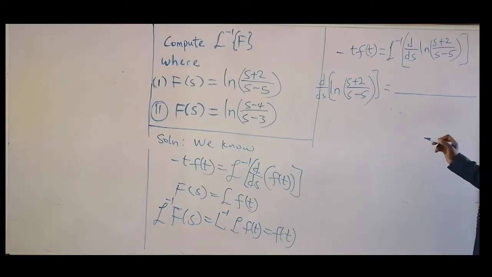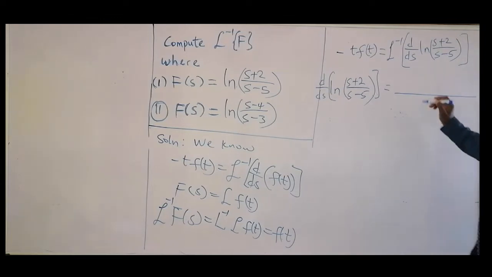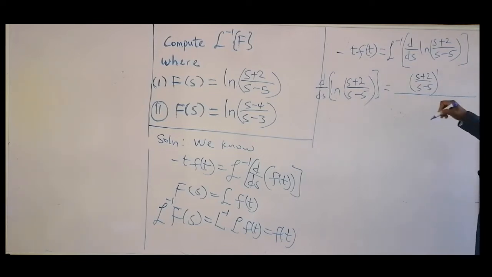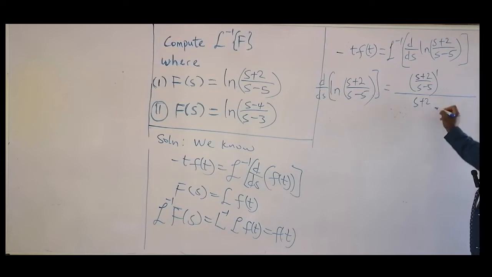For the ln function, when you are differentiating it, it is always the derivative of (x plus 2) over (x minus 5), all over the function itself, (x plus 2) over (x minus 5).